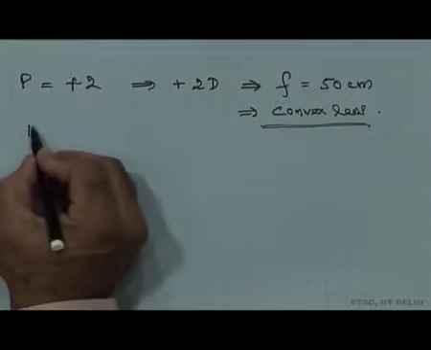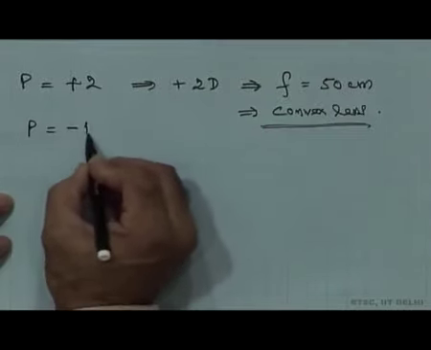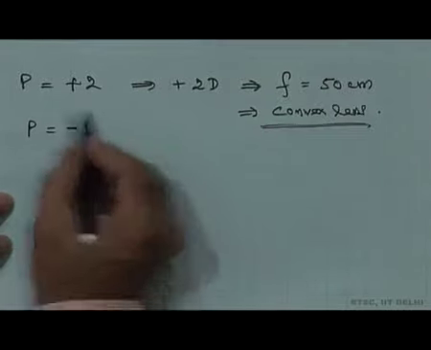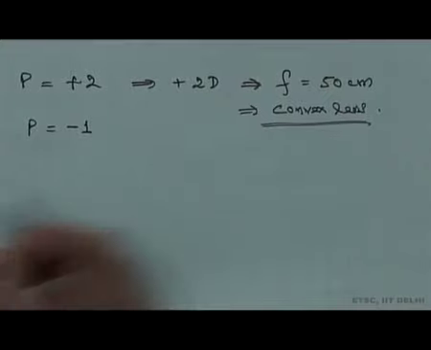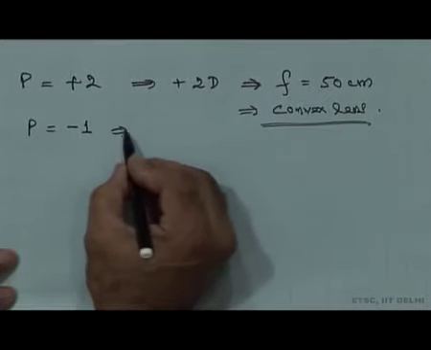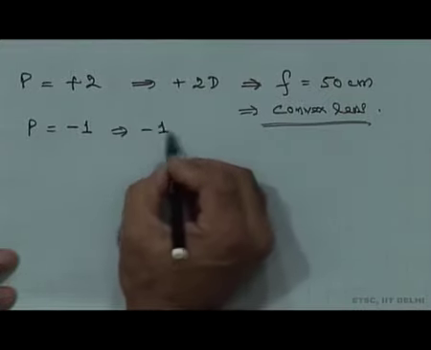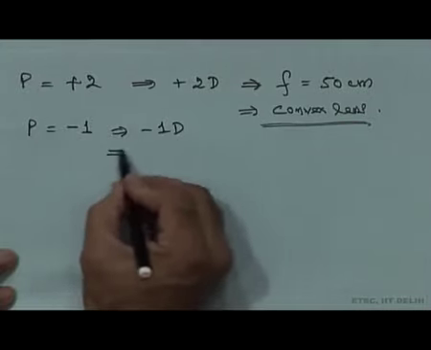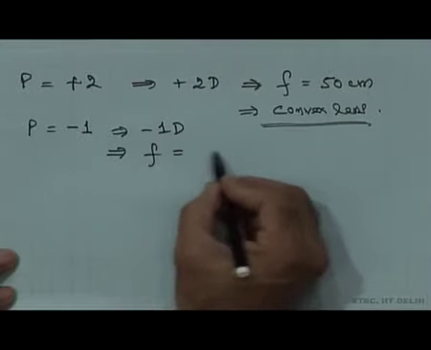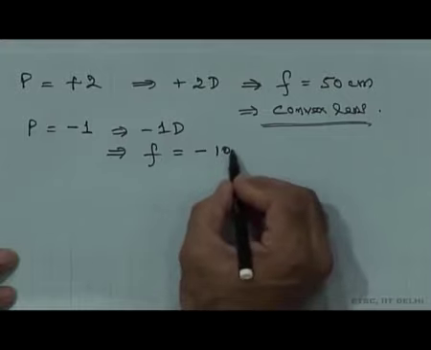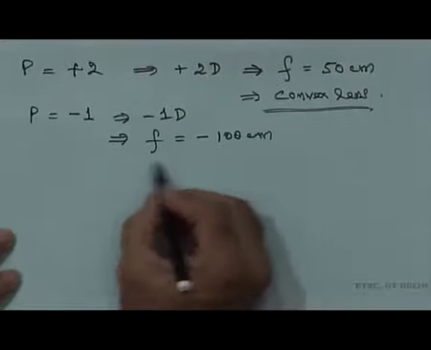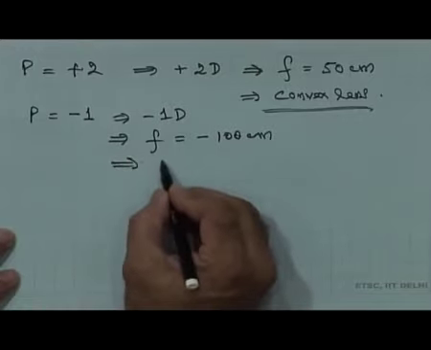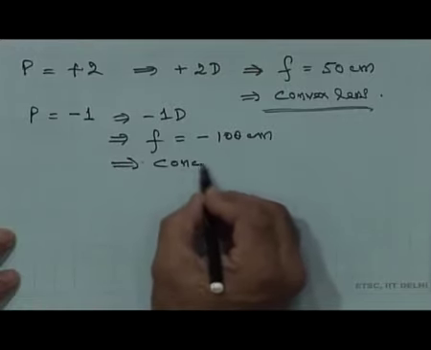Similarly, if one says power is equal to minus 1, commonly when we talk, we say power is plus 1, minus 1 and so on. We normally do not use D, but it implies the power is minus 1D, which implies the focal length F is minus 100 centimeter or 1 meter, which implies it is a concave lens.